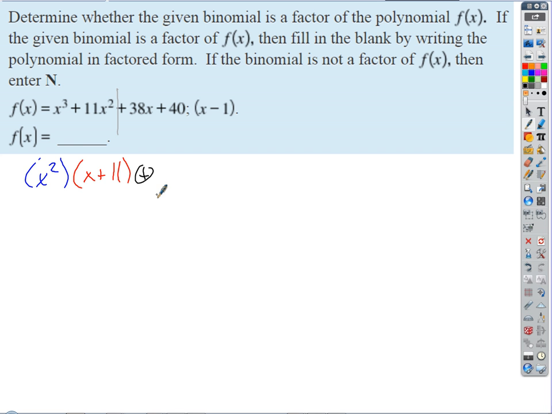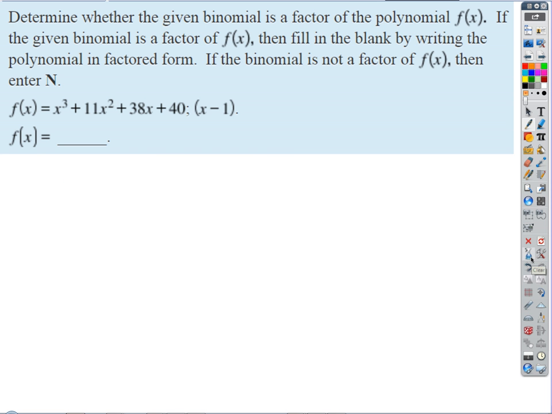The only thing I could potentially factor out would be just a 2, right? And I'm not going to have the same leftover, which I needed. That's going to leave me with 38x divided by 2 is 19x, and 40 divided by 2 is 20. So that doesn't do me any good. I don't have any common factors in the groups, so I can't do anything with that. Grouping didn't work. So I need something else.